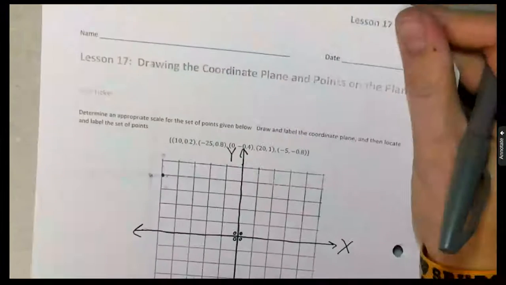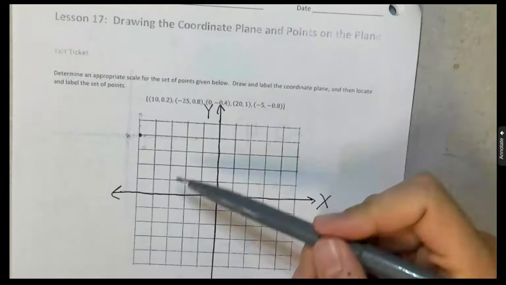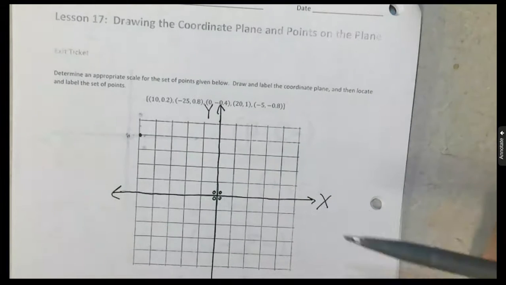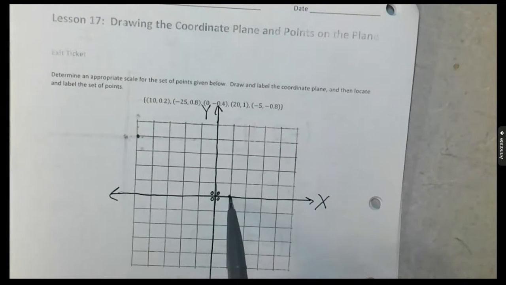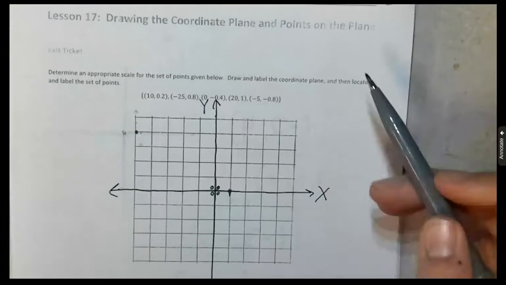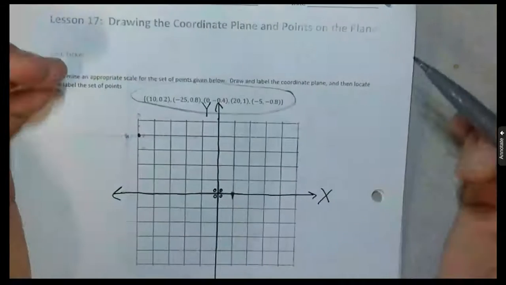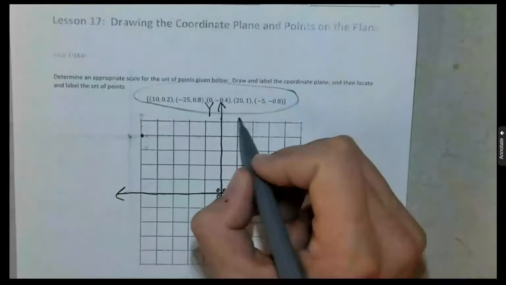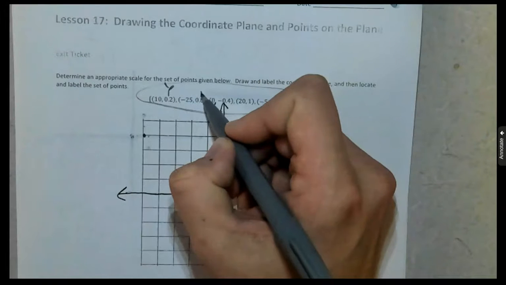All right. Lesson 17, drawing the coordinate plane and points on the plane. This takes our knowledge of the 4 quadrants a little bit deeper. Here, the numbers are hard to see. They are all very, very small on what looks like the y-axis.